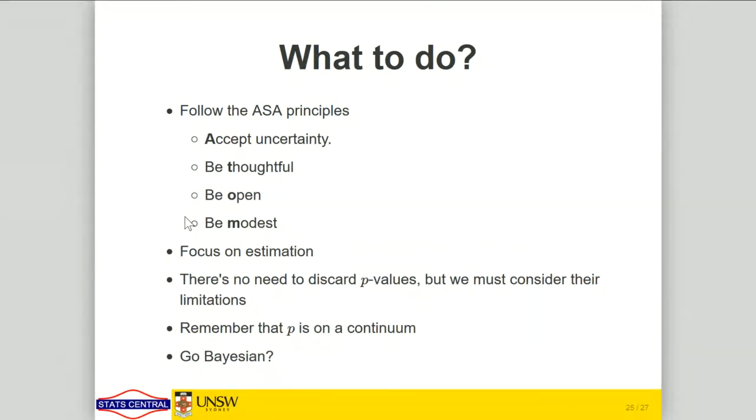But also, anytime you reduce a continuous number into a dichotomous decision, you're losing information. That's something Peter talked about at our last seminar. So it's just the idea that p-values are numbers between 0 and 1. They're not yes or no answers.